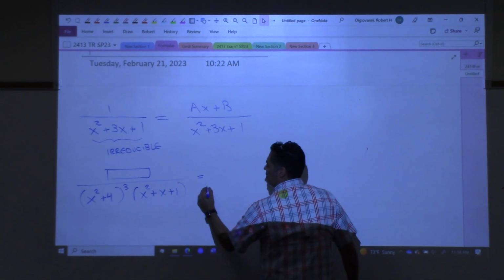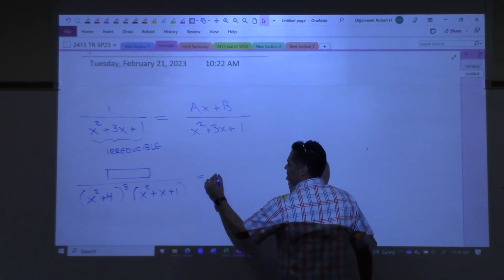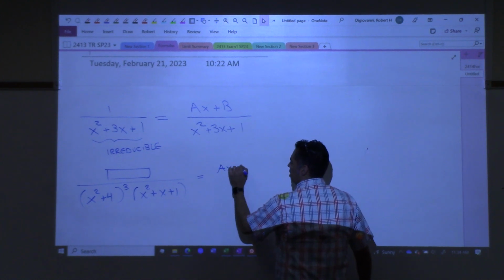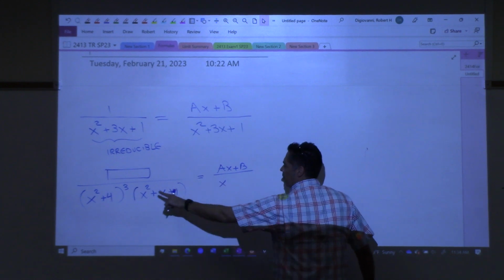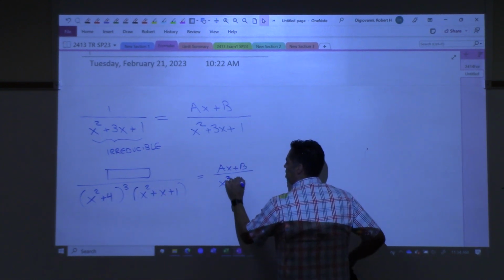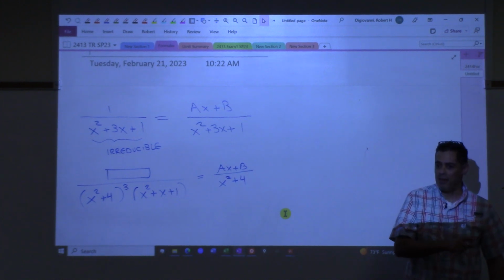What that would turn into is, well, what do you think? Linear on top, ax plus b, and then what goes on the bottom? x squared plus 4, that's the irreducible quadratic, but it's repeated, right? So I'm going to have to do it 2 more times.